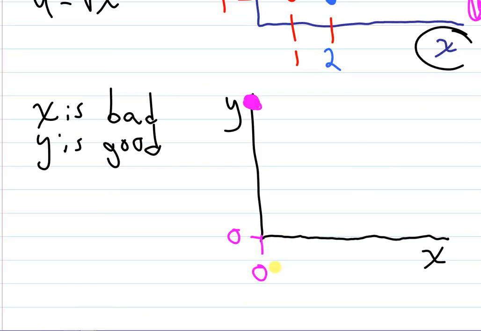Now let's try to think about what our indifference curves are going to look like here. Let's just pick a point to think about this. Suppose we had 1.